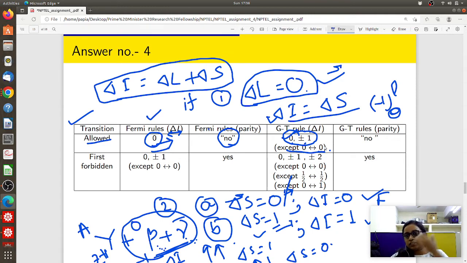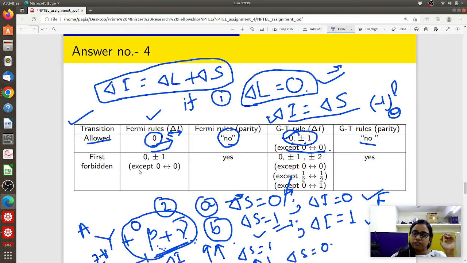Except for 0 to 0, all the states with 0 of delta S are Gamow-Teller, and if it is plus minus 1, then obviously it should be Gamow-Teller, because in a Fermi rule there is no plus minus 1 condition. And the GT rule's parity is no, meaning the parity is not changing here.